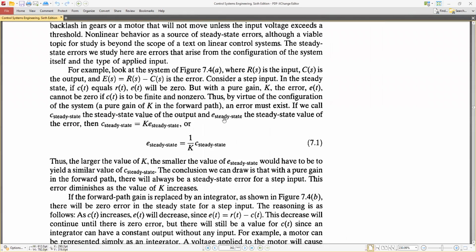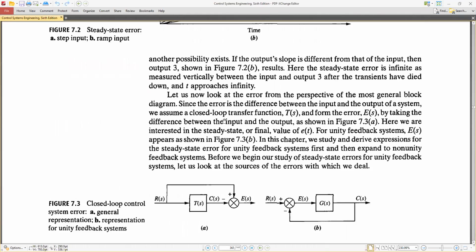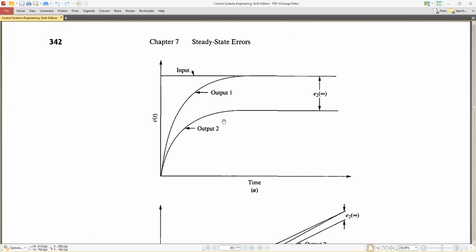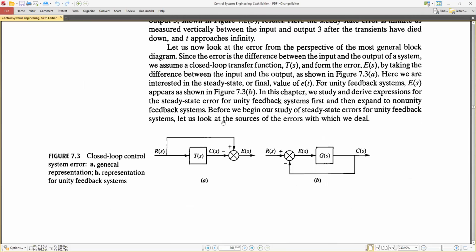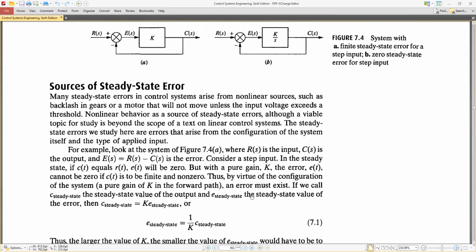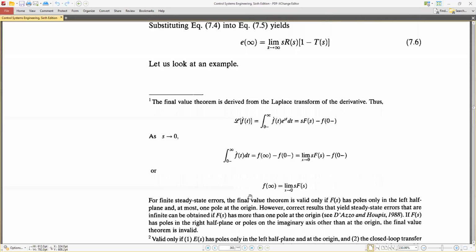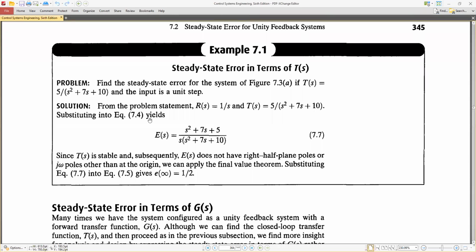This is the figure. Now check this one. Find the steady state error for system 7.3a if T(s) is given and the input is the unit step.